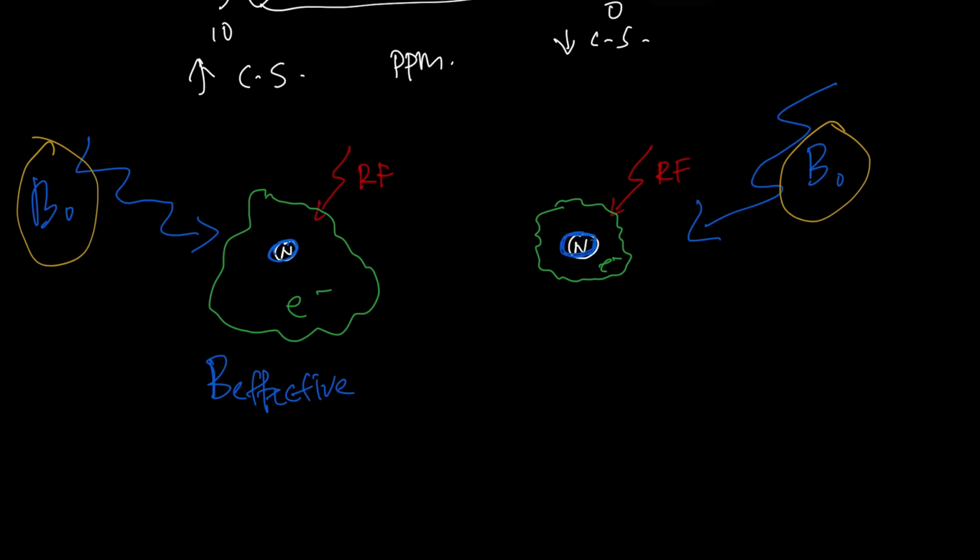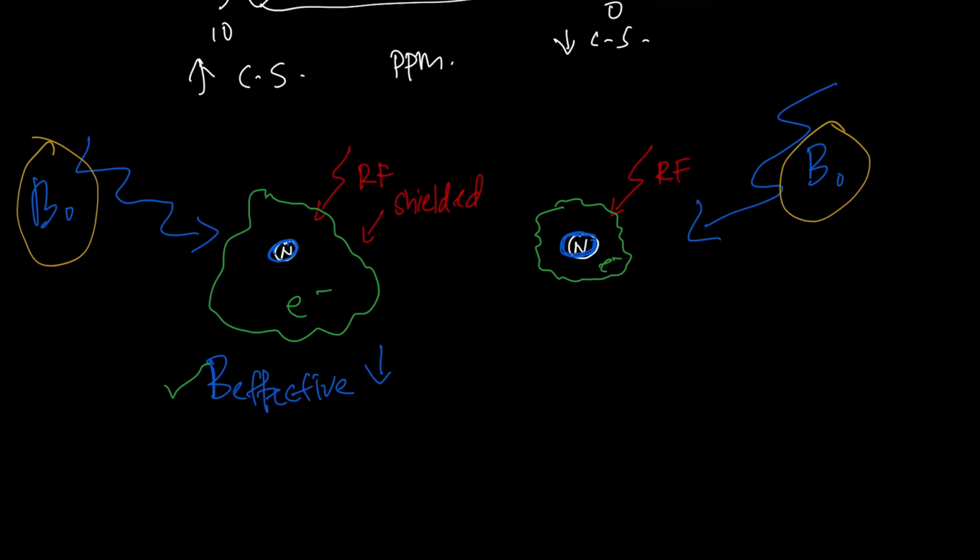So for the one with a thick electron cloud, the effective magnetic field will be lower, because the nucleus is said to be shielded. This nucleus is shielded by the thick electron cloud, so the effective magnetic field is lower.